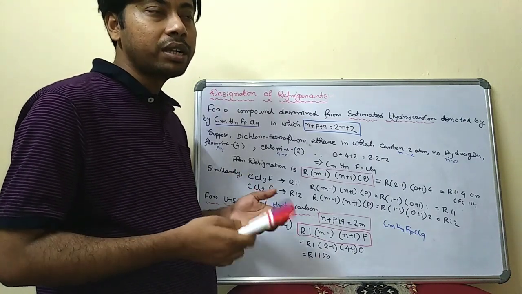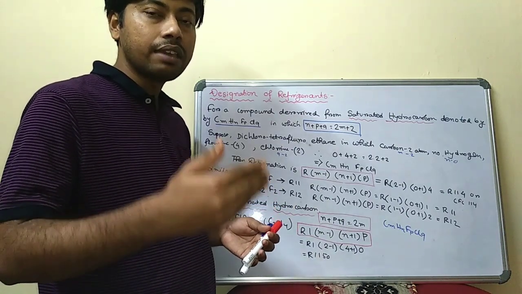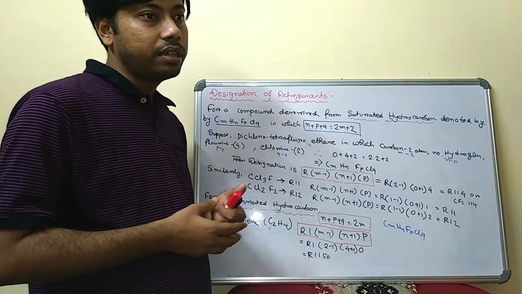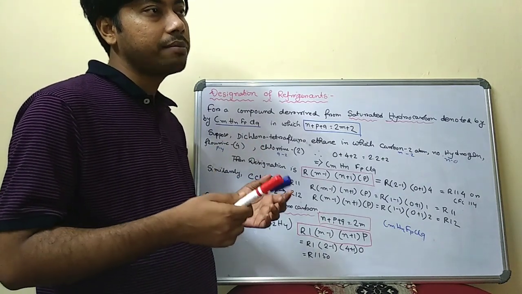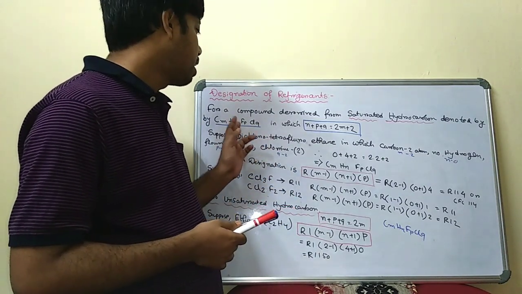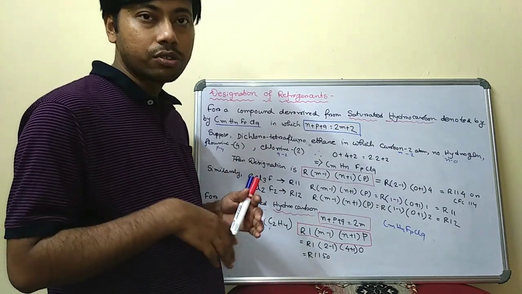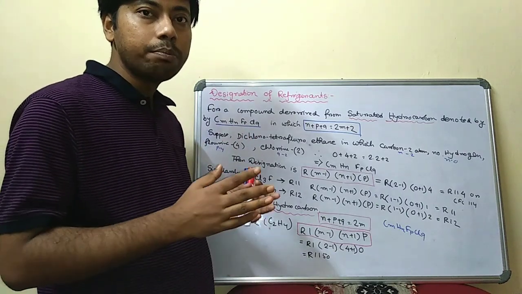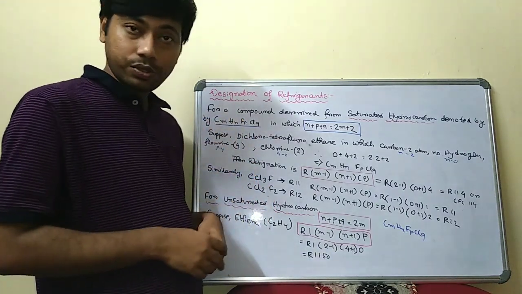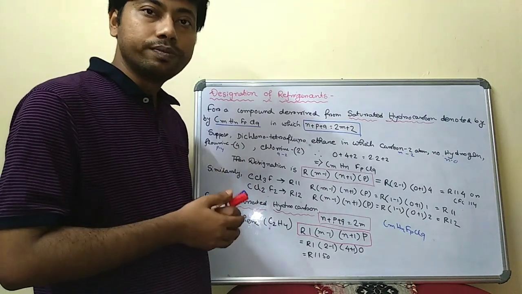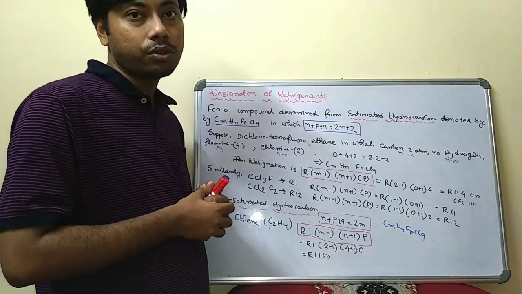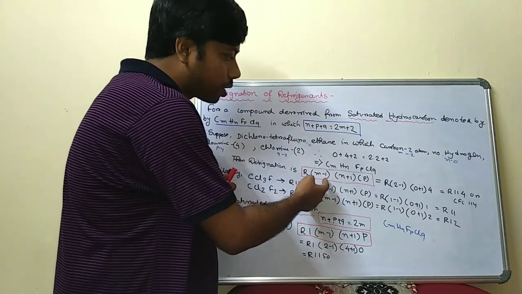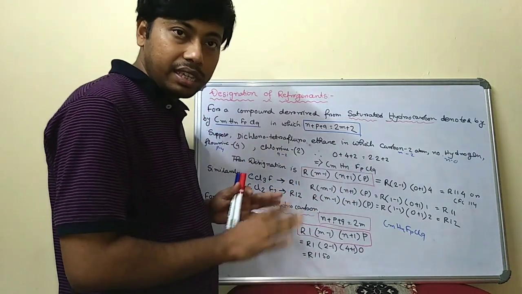As you know, the normal designation of a refrigerant is CM, HN, FP, ClQ. For a saturated hydrocarbon compound derived from that, it will always follow that N plus P plus Q, where N, P, Q are the numbers of atoms, is equal to 2M plus 2. Only if it is a saturated hydrocarbon can you designate the refrigerant as R, M minus 1, N plus 1, P in this way.